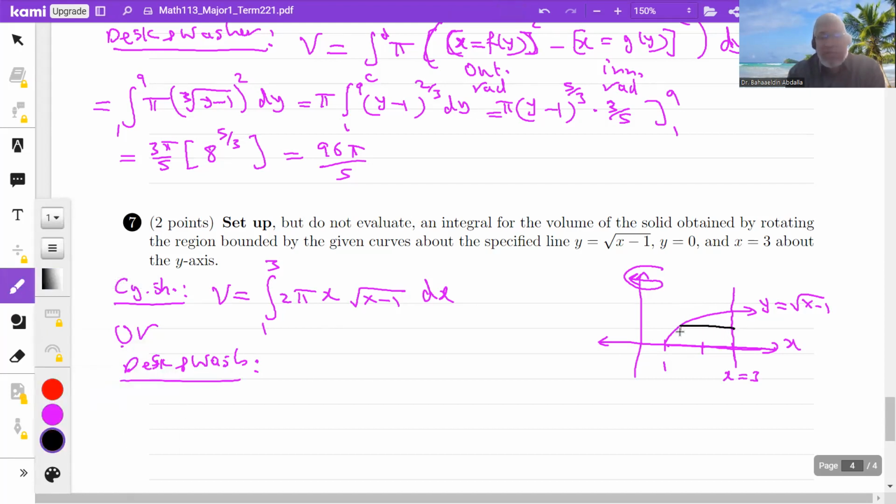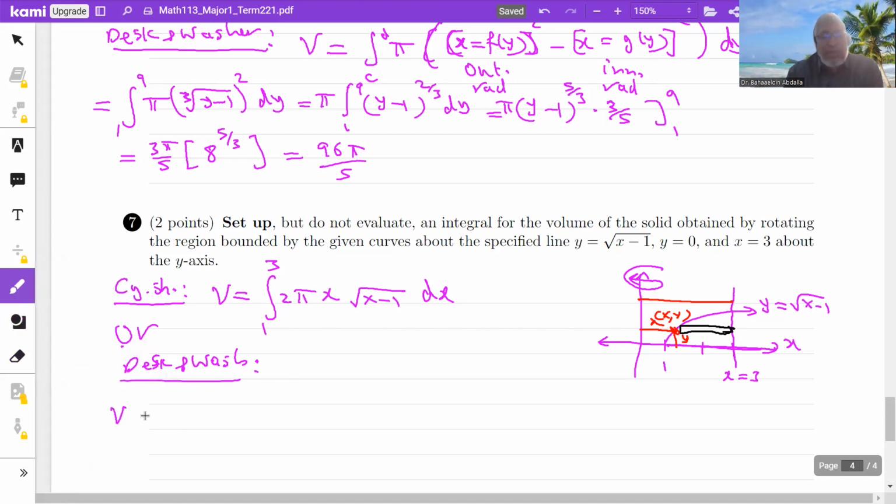So I have to use a horizontal rectangle. And in this case, I need the outer radius and the inner radius. And the outer radius would be this distance, and the inner radius would be this distance. And this point is x and y. So this is y and this is x.